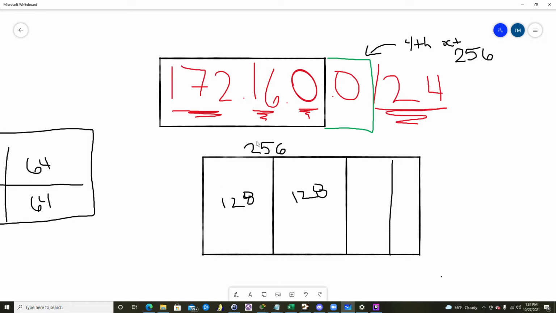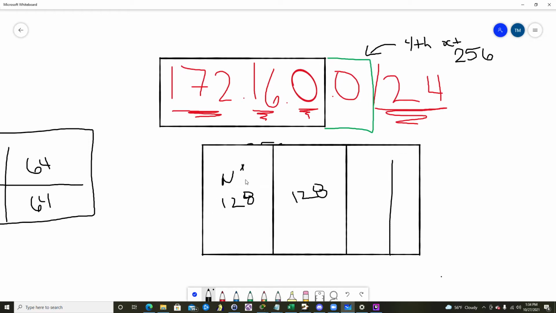So we've now divided that 256 into 2 blocks of 128, and network 1 here is using that first block of 128. So I have another block of 128 IP addresses free and available to me that I can divide up in different ways.